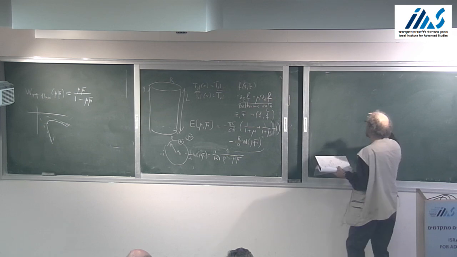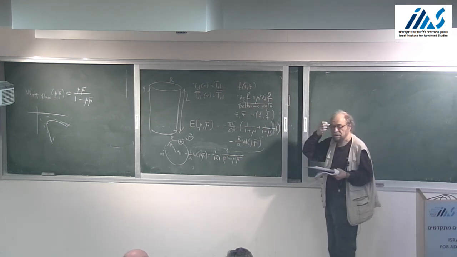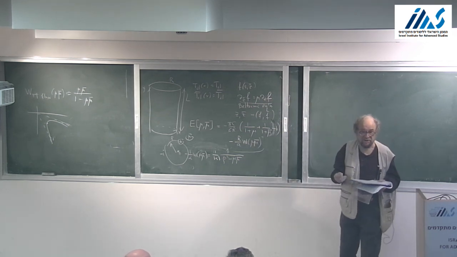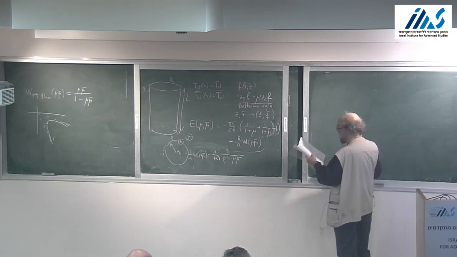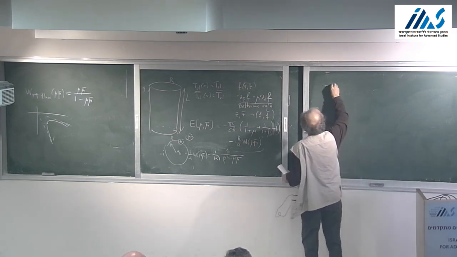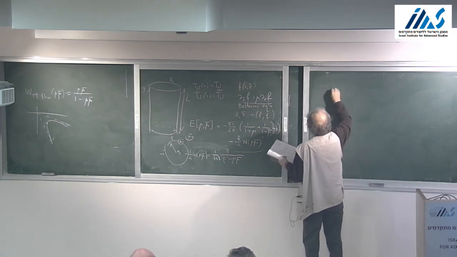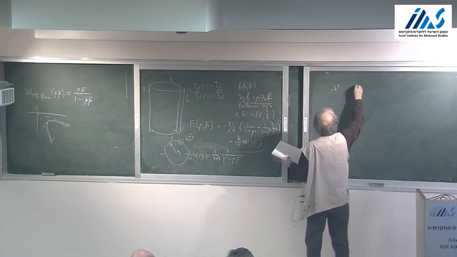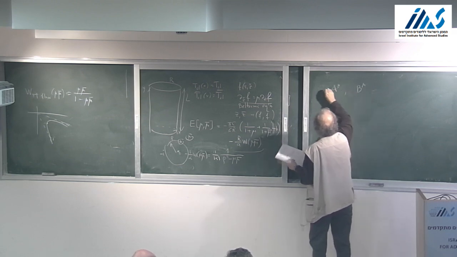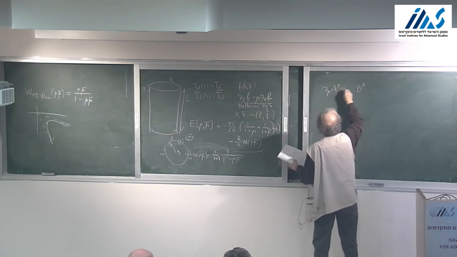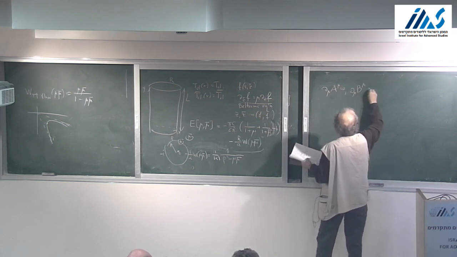All right, so the whole activity which I developed in the first hour is guaranteed if you have, let me call them A mu and B mu, two local fields, which both satisfy the continuity equation.